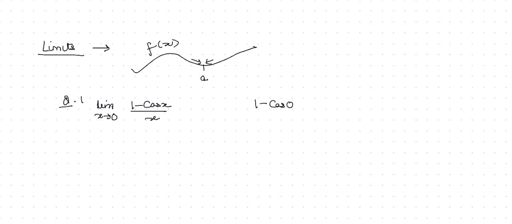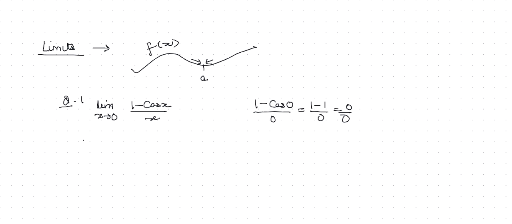Cos 0 is 1 and x is 0. So this will give us 0 by 0, undefined. So the function will not exist at x is equal to 0.